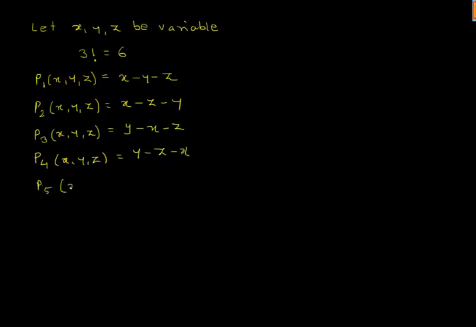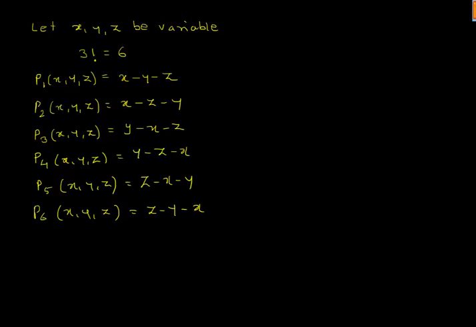The fifth polynomial is z minus x minus y. And the last, sixth polynomial I can write as z minus y minus x. Now I have constructed these 6 polynomials using the one given polynomial, P1.